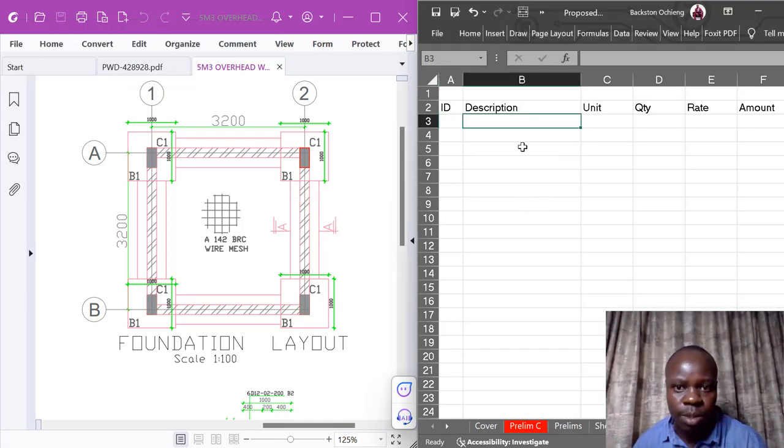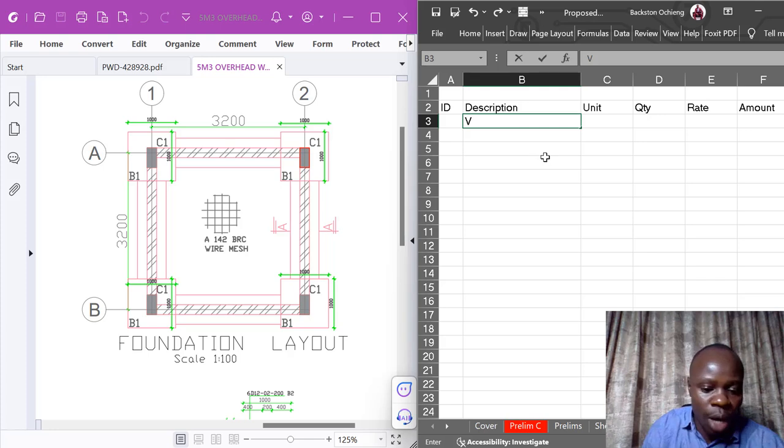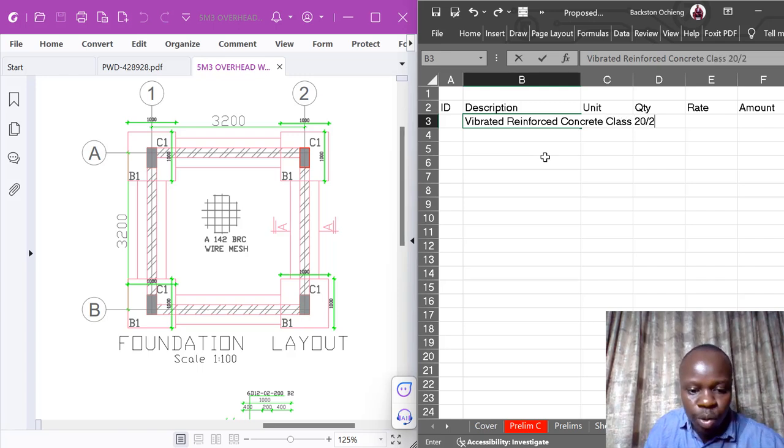So in this case, the first of the items is to give a general description of the items that we are dealing with. So we'll talk about vibrated reinforced concrete, class 20 stroke 25.